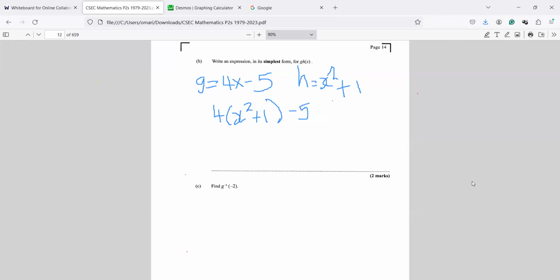And it would be 4x squared plus 4 minus 5. Simplify the end of this section that says plus 4 minus 5. That should give you 4x squared minus 1. And that will be your function for GH of x.